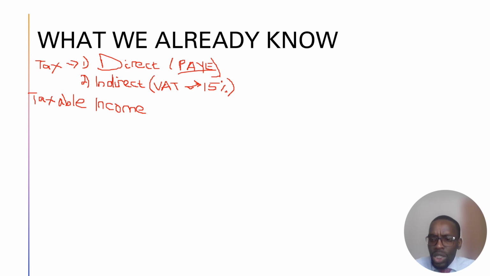In other words, we do have certain deductions that are charged on an employee's salary that are not supposed to be taxed. And these deductions generally come in the form of the pension fund, the retirement annuities, the UIF, and donations. So those things are not supposed to be taxed. So what do we do now? I'm just going to give you the formula for calculating our taxable income.